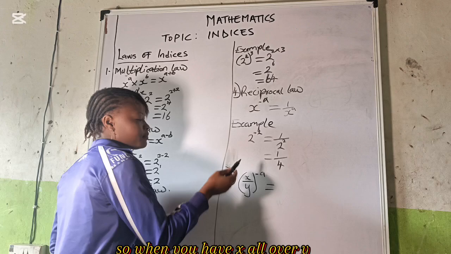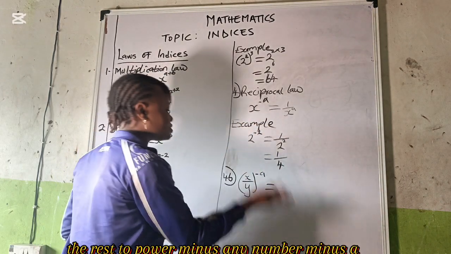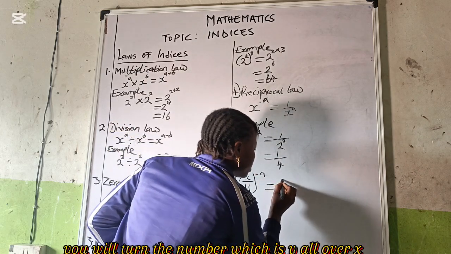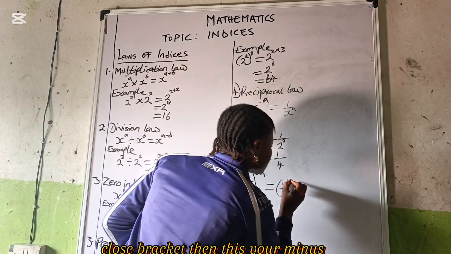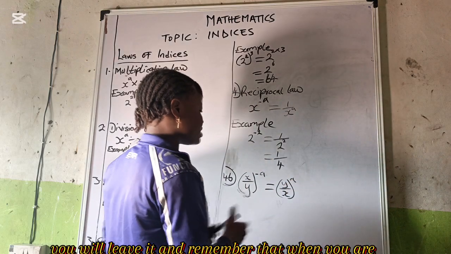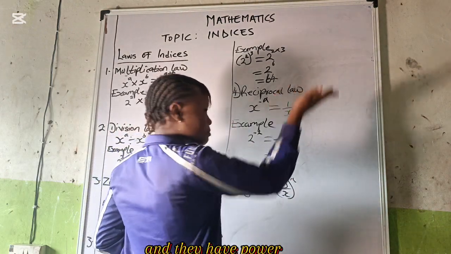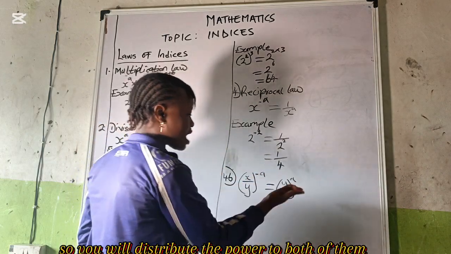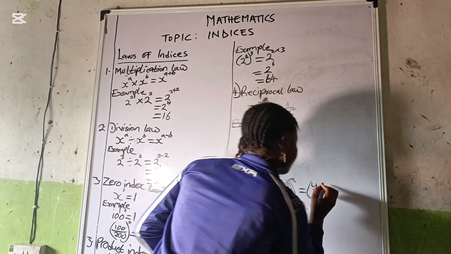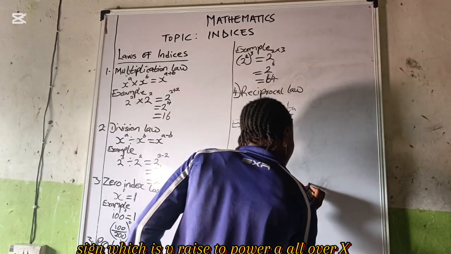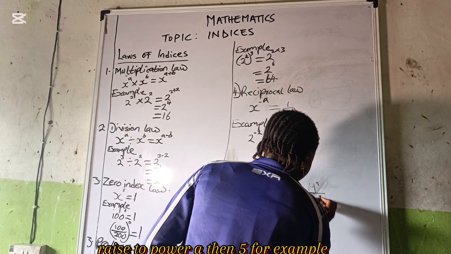So when you have x over y raised to power minus any number, minus a, you will turn the fraction, which is y over x, then this minus, you leave it. And remember that when two terms are dividing each other and they have power, you will distribute the power to both of them, which is y raised to power a over x raised to power a.